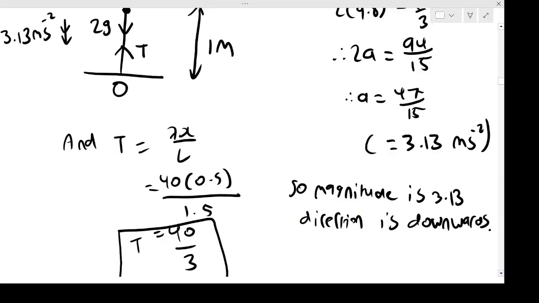Again, just to emphasize, if you got a negative answer because you assumed acceleration was going up, the magnitude is still 3.13, but then the direction is downwards because it'd been the opposite direction if it was negative, so it'd flip downwards. Anyway, that's my acceleration. Okay, 3.13 downwards.